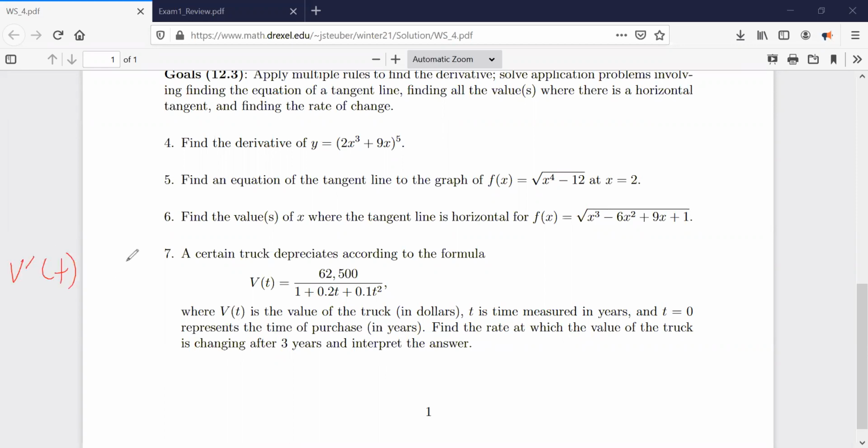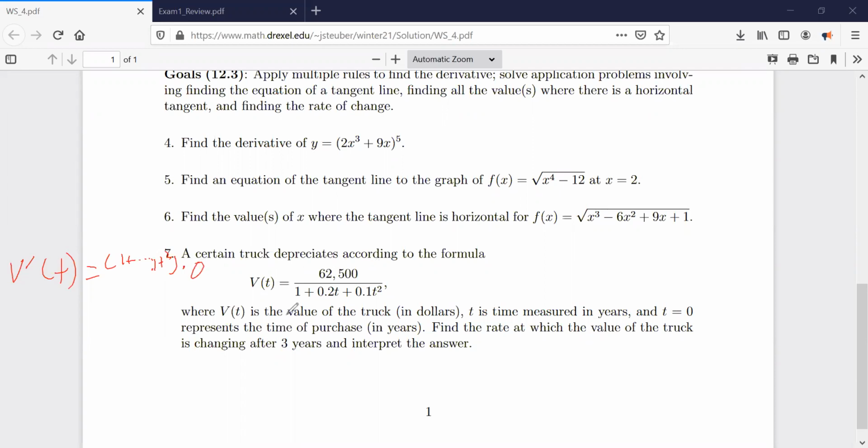You find the derivative by using the quotient rule. Yeah, we can use the quotient rule here. So what is the derivative? We're going to do the bottom times the derivative of the top. So that's 1 plus 0.2t plus 0.1t squared, times 0.